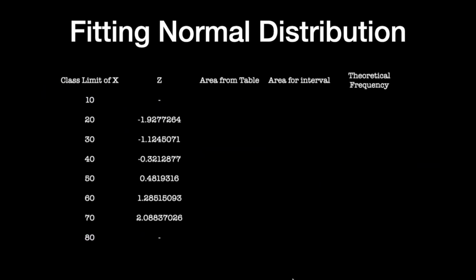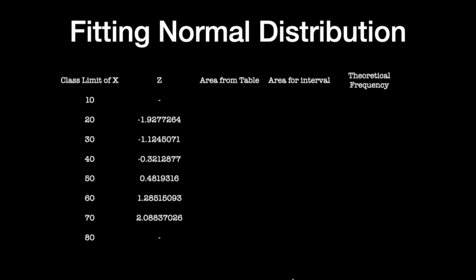We will have the values like this. So we have values which are negative and positive, right? For 20 we have negative 1.92. For x being 30, we have the standard normal variate as negative 1.12. For 40, negative 0.32, in fact.